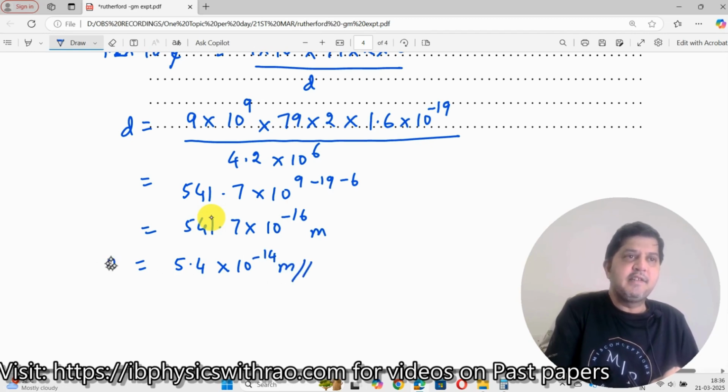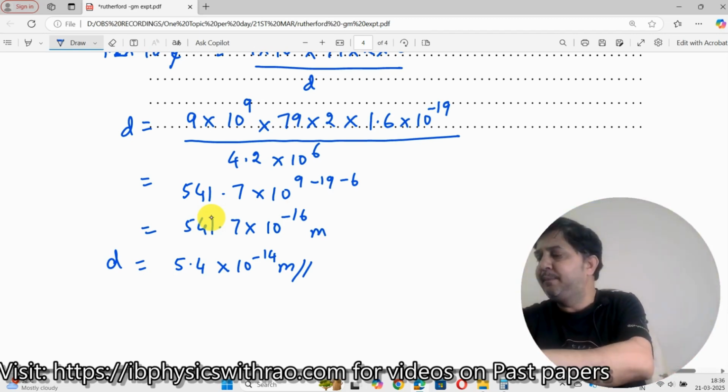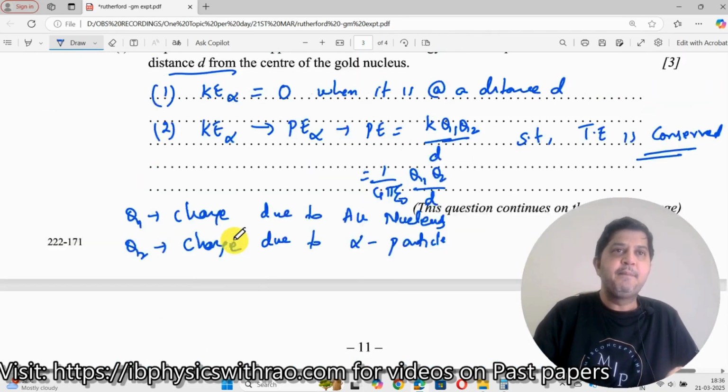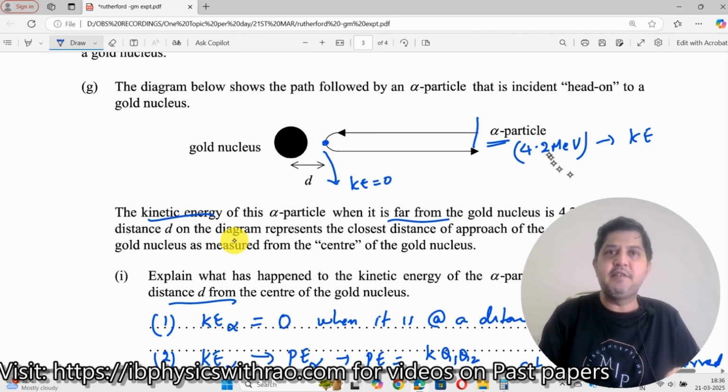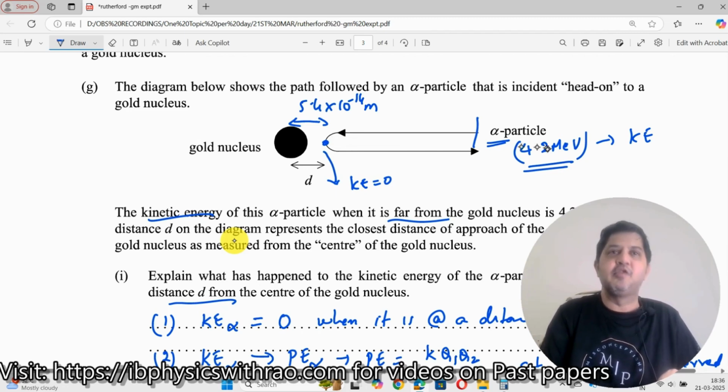So what does it tell me? It tells me that the alpha particle with a hefty amount of kinetic energy would still be able to come only until a distance of around 5.4 into 10 to the power of minus 14 meters. It comes until here, and then it rebounds and goes backwards over here. So we have seen all the concepts being properly covered.